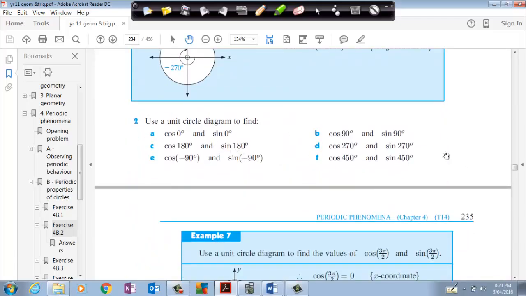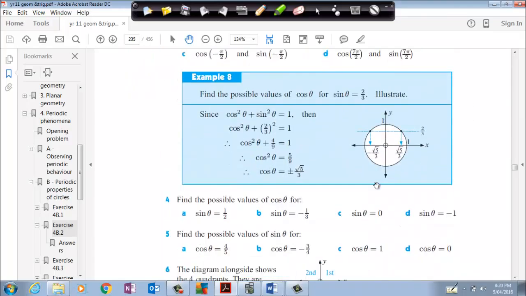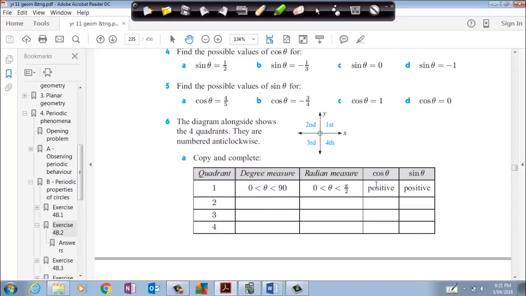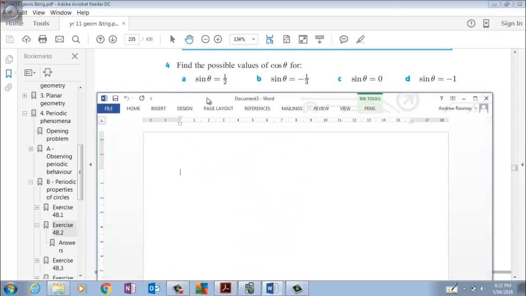And we've already done a lot of these questions before. So we're going to do question 4 and 6. So using this identity, we'll do question 4, and this is trying to find cos theta given sine theta.